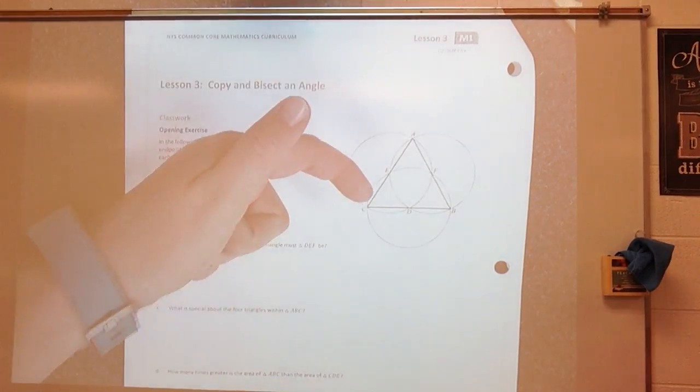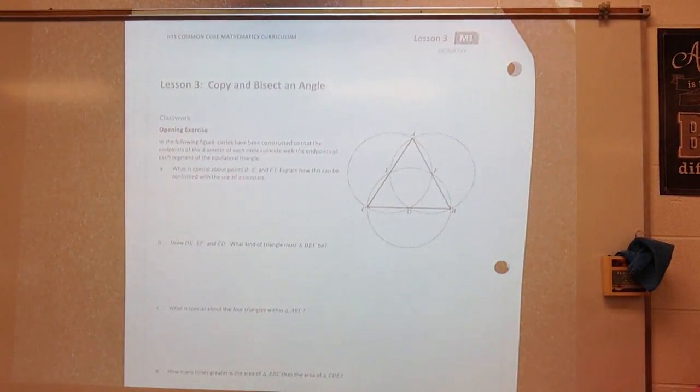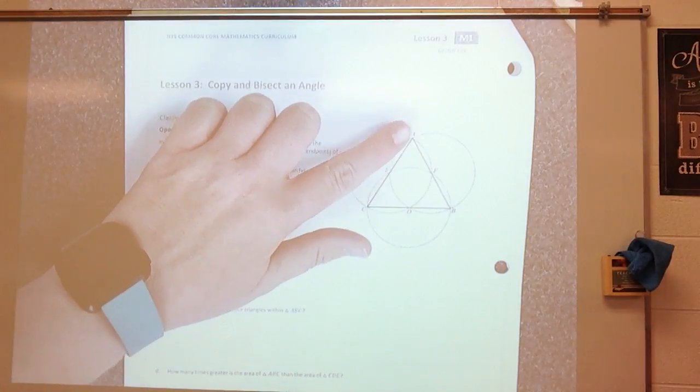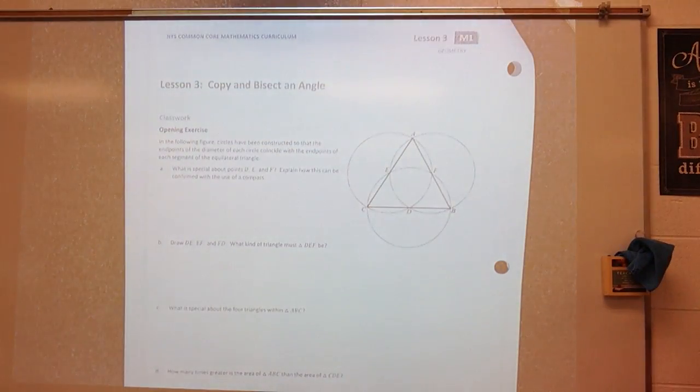Well, look at where points D, E, and F are located. You will see that points D, E, and F are in the middle of segments. Point D is in the middle of segment BC. Point E is in the middle of segment AC. And point F is in the middle of segment AB.